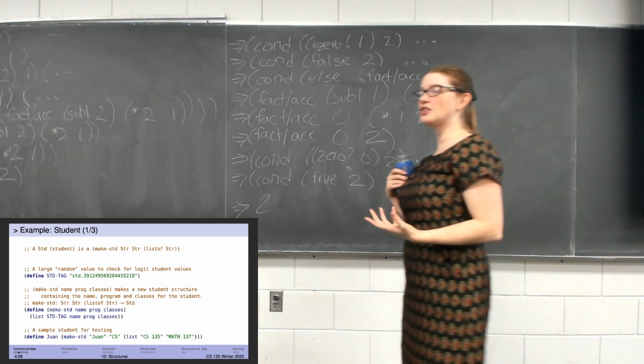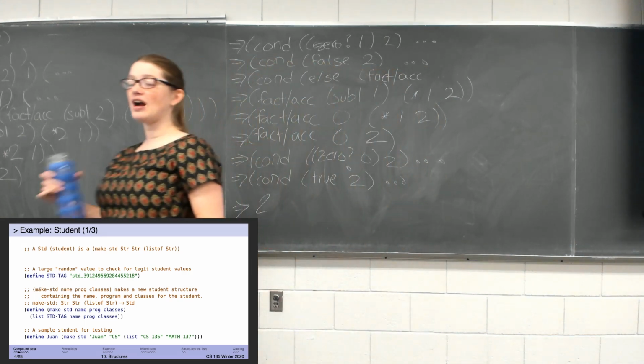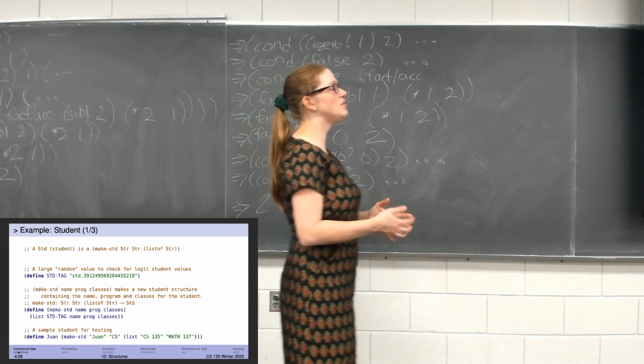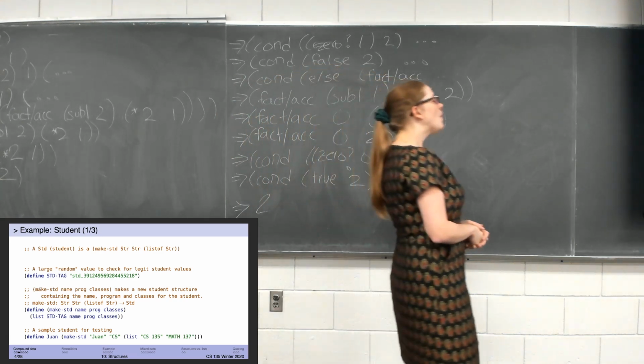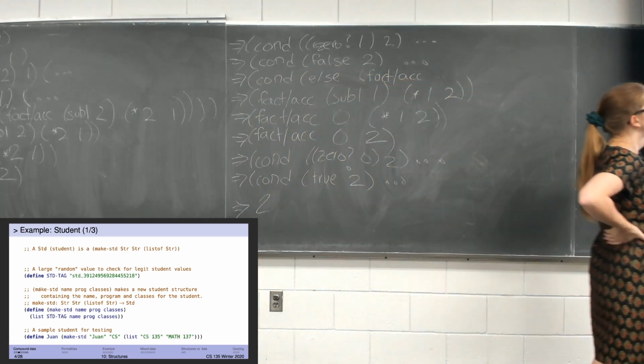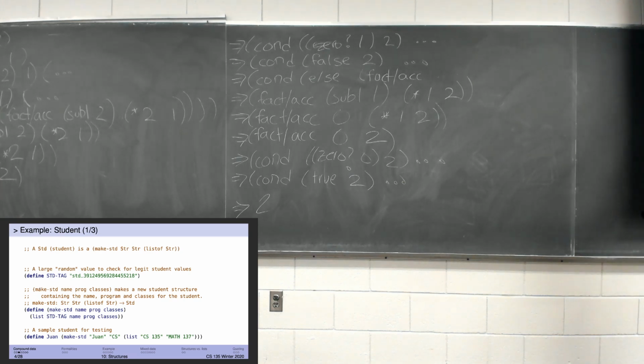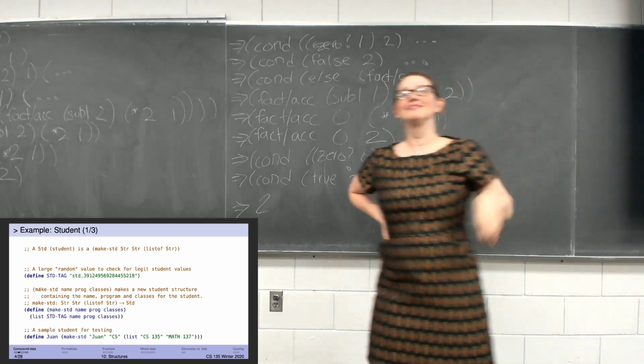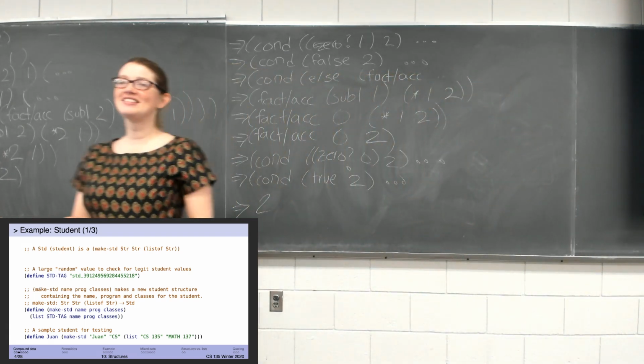And what this constructor does is it takes a name and a program and a list of classes, and it's going to create the list that we're using to represent the student. And once we've created this lovely constructor function, we can actually use the constructor in our data definition. Isn't that awesome? It's pretty cool, isn't it?